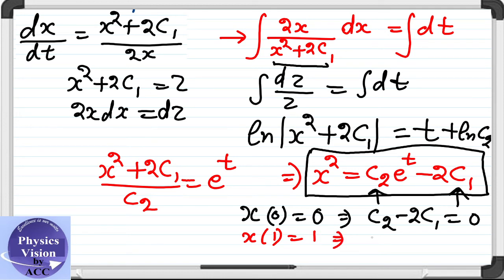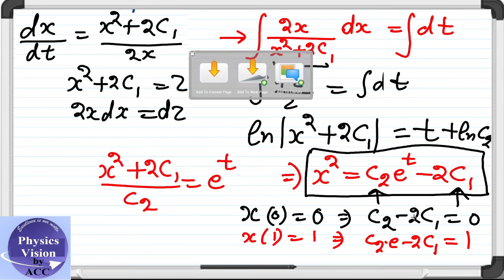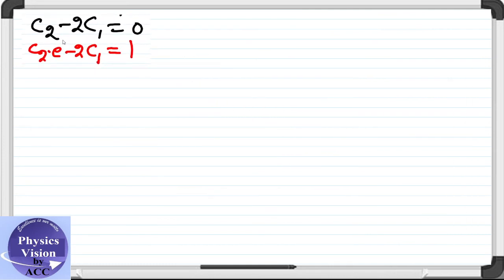That implies c2 into e minus 2 times c1 is equal to 1. Now we'll solve these two equations and calculate the values of c1 and c2.